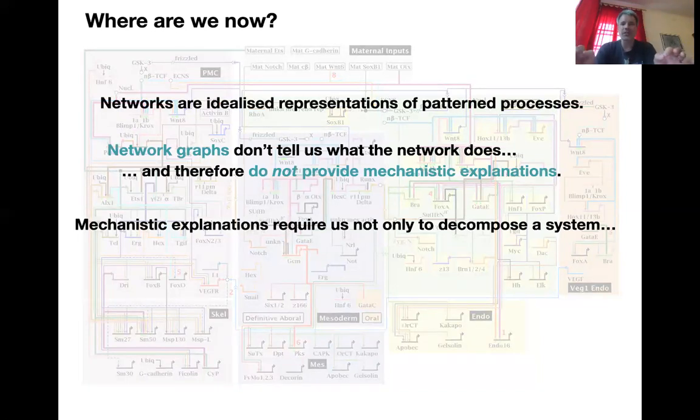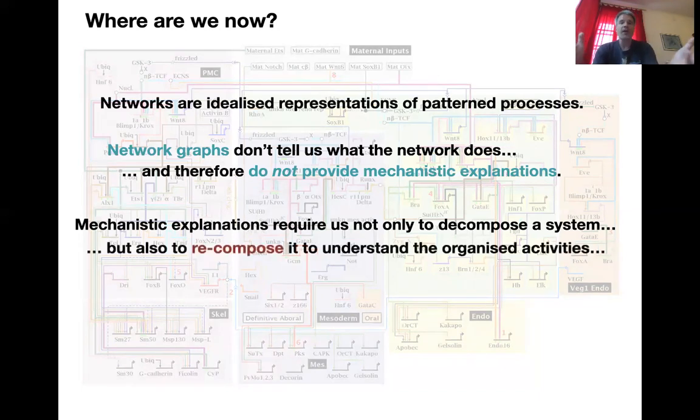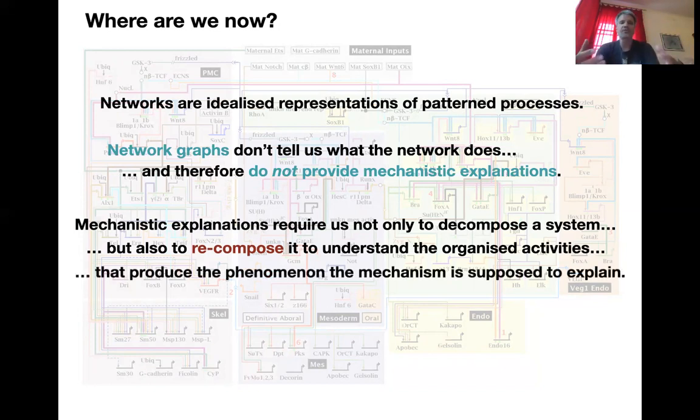Mechanistic explanations require us not only to decompose a system into its components and their interactions, like we do when we draw the graph. We compose a parts list, and then the graph is drawn out of the interactions between the parts. But we also have to recompose it to understand the organized activities, how all of those activities and interactions work together to produce the phenomenon the mechanism is supposed to explain.